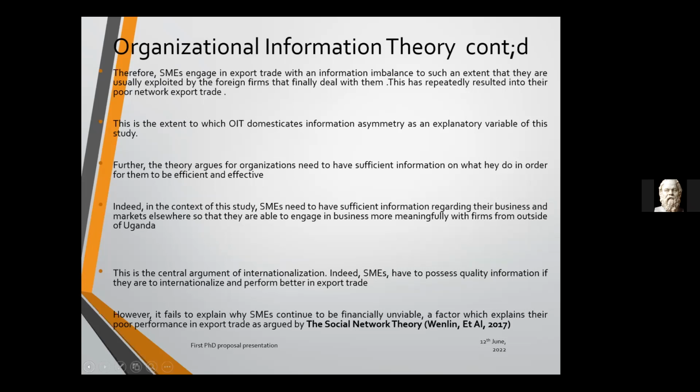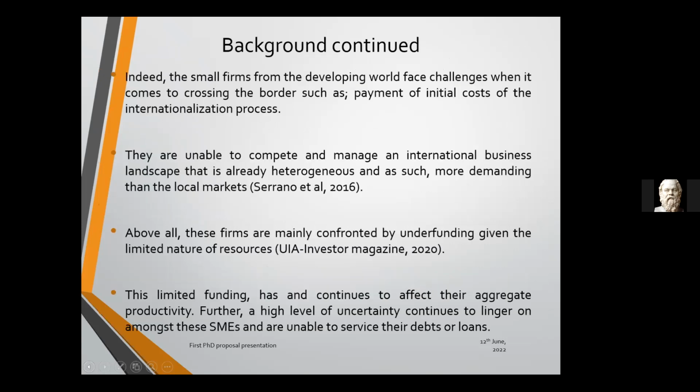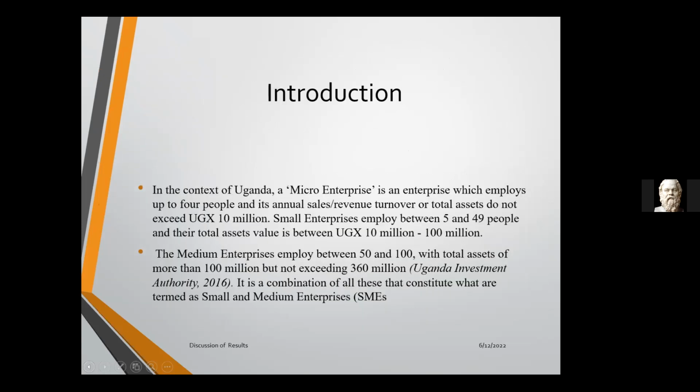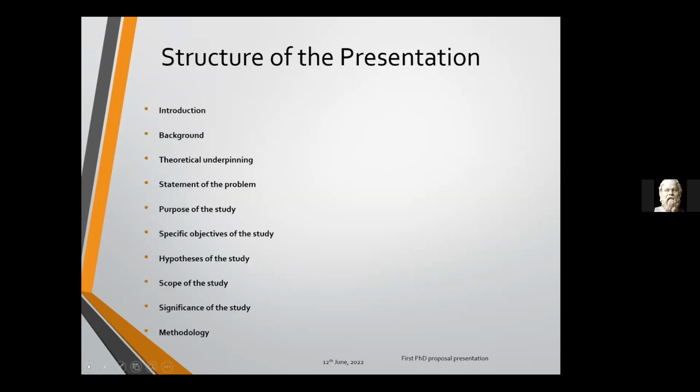But let me go back to the concept of network export performance. To me, the concept is good. And of course, it creates some kind of point of departure from what the traditional scholars have been looking at. Most of them look at export performance.